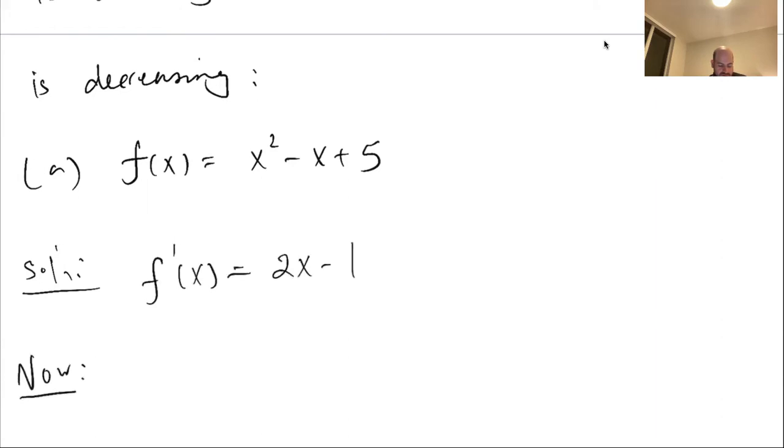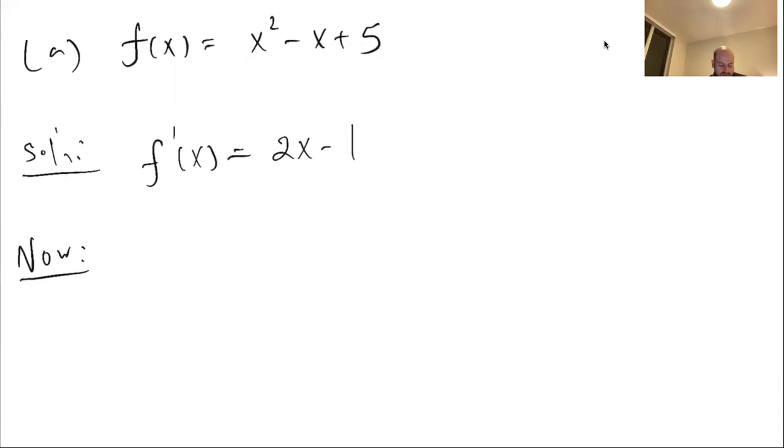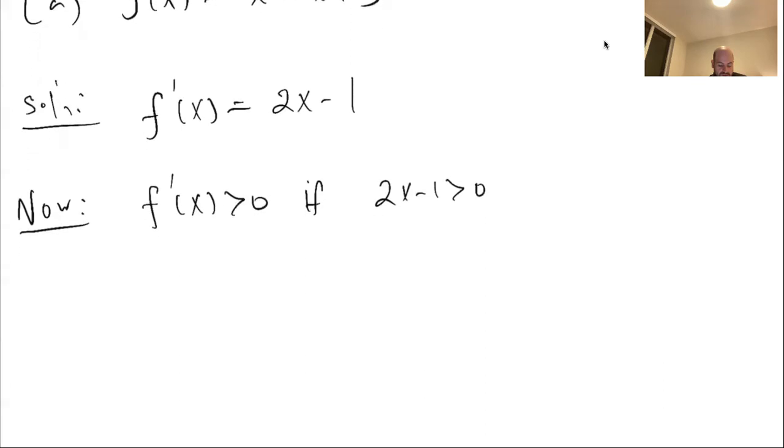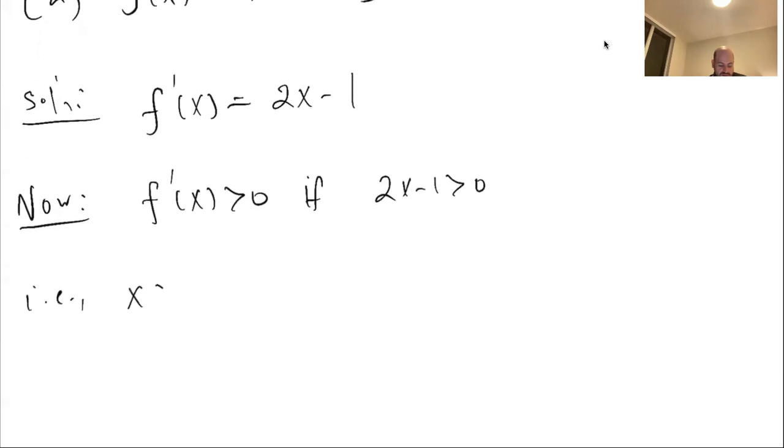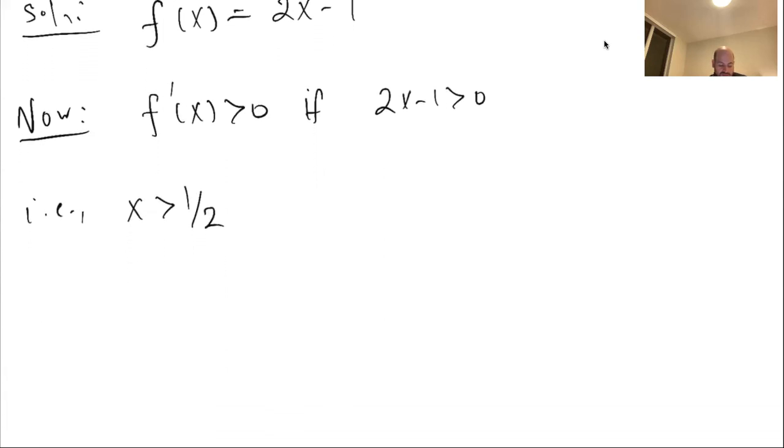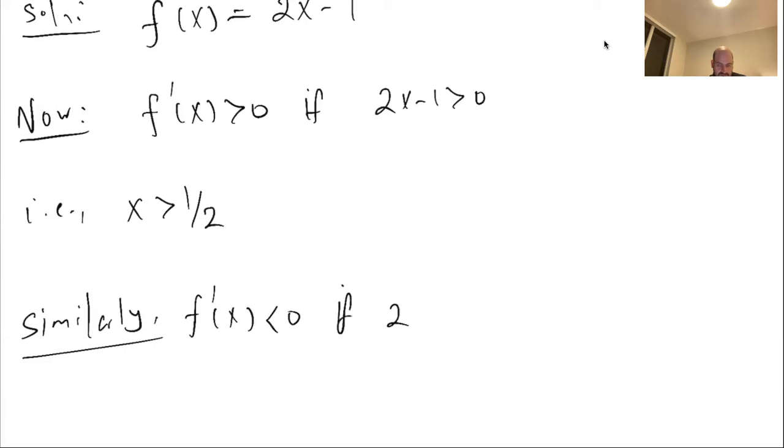Now, if you want f prime of x to be positive, if 2x minus 1 is positive, that means x bigger than 1/2. Similarly, f prime of x will be negative if 2x minus 1 is negative, and this happens if x is less than 1/2.